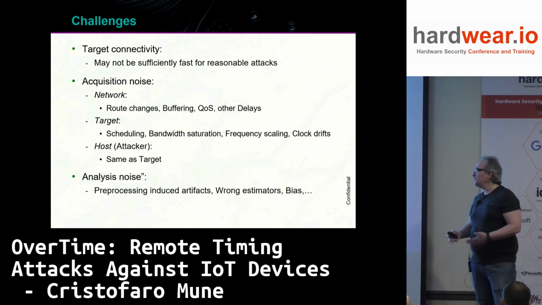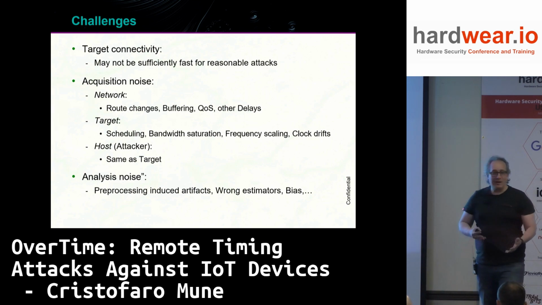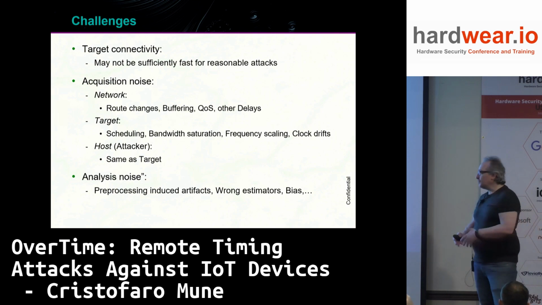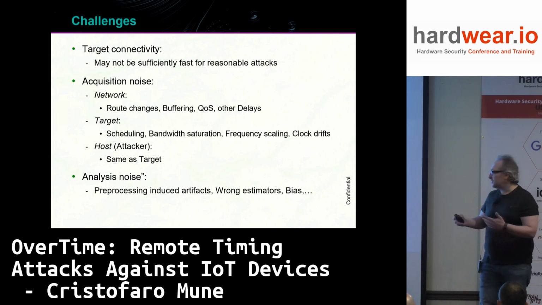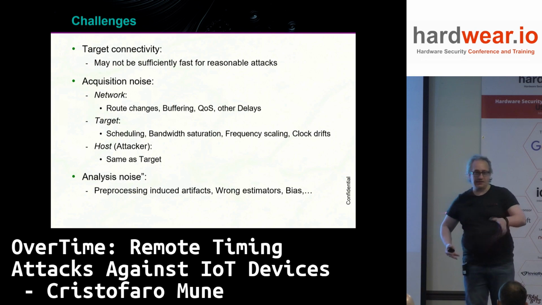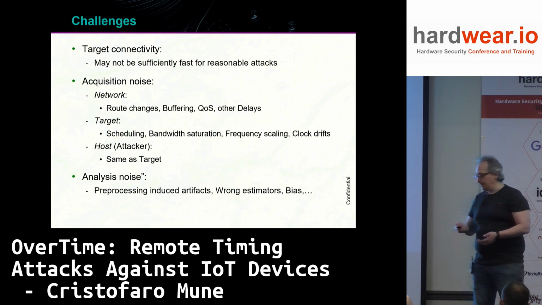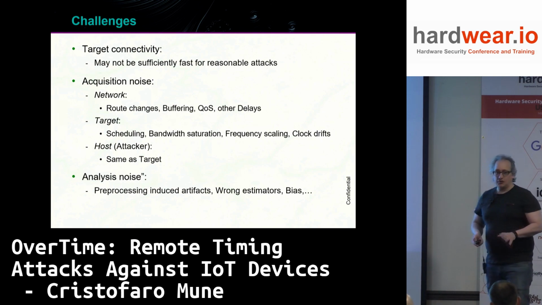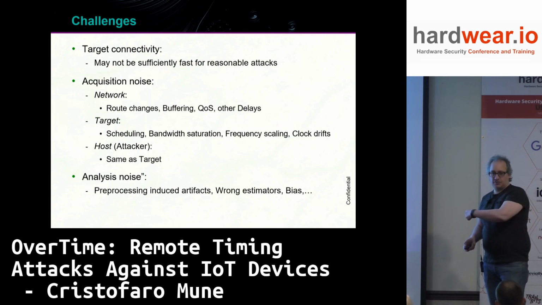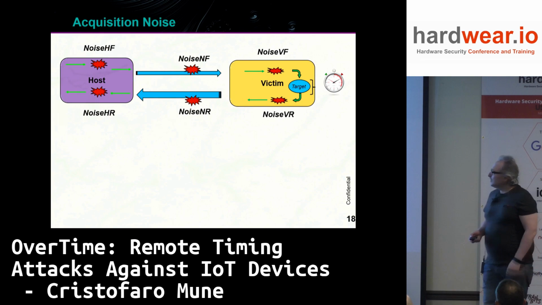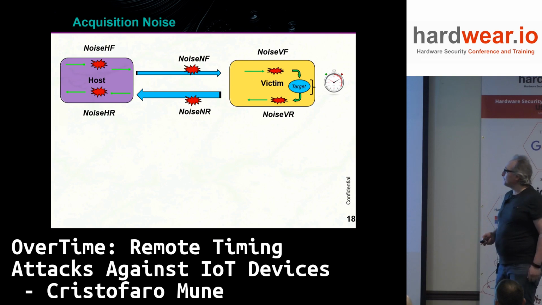You might be introducing some biases in your machine learning models. You might have wrong estimators. You might have pre-processing introducing artifacts just because you eliminate some data. So there's also noise over there. The research has not focused so much on eliminating this part of the noise. Research has focused a bit on reducing the noise on the network, mostly.